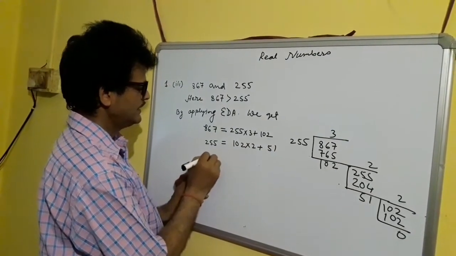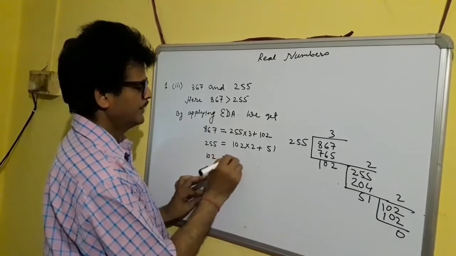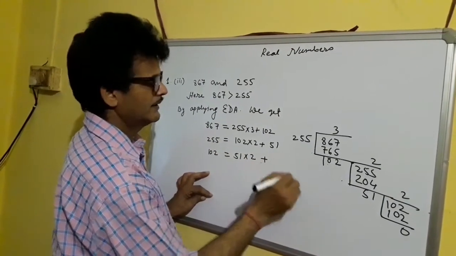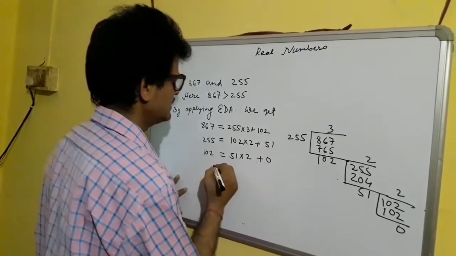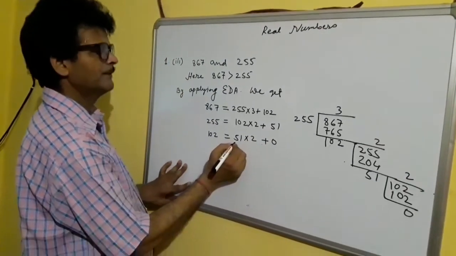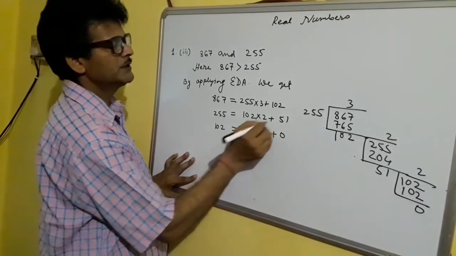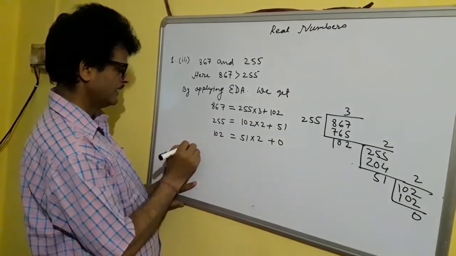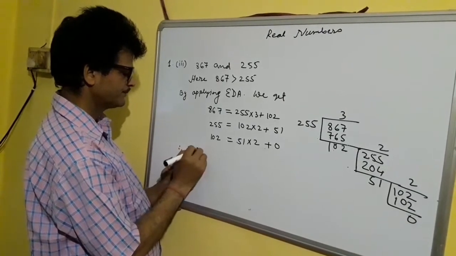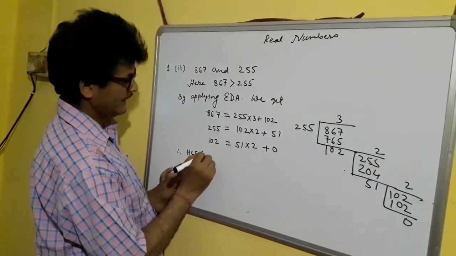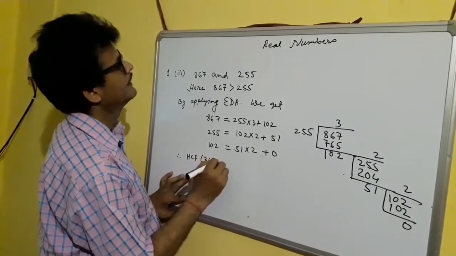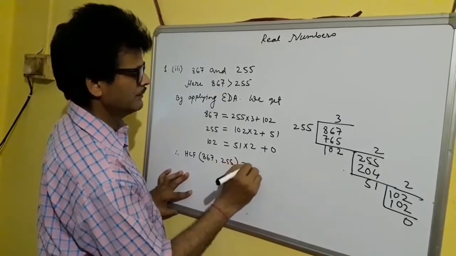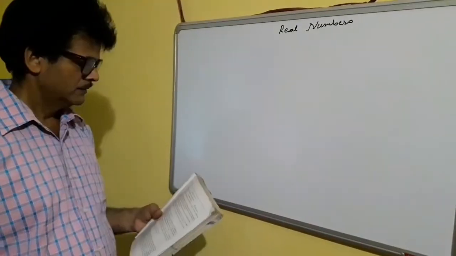Next, 102 is equal to 51 into 2 plus remainder 0. So the last divisor is 51, the last non-zero remainder is 51. Therefore HCF of 867 and 255 is equal to 51.